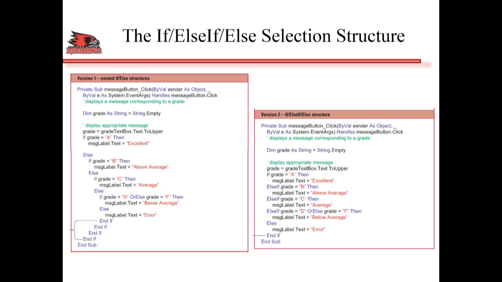After all this, there's a bunch of end if statements which correspond to each of these nested if else statements. Even though you can do it like this, it's confusing for me to have all these if else structures nested, and it's sometimes hard to figure out which nested structure your program is actually looking at.